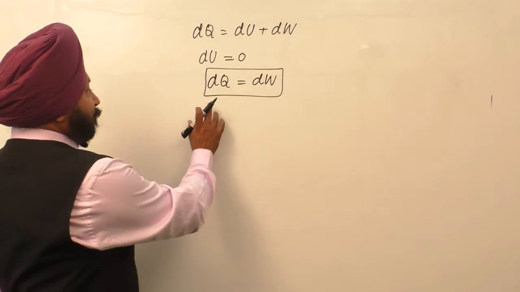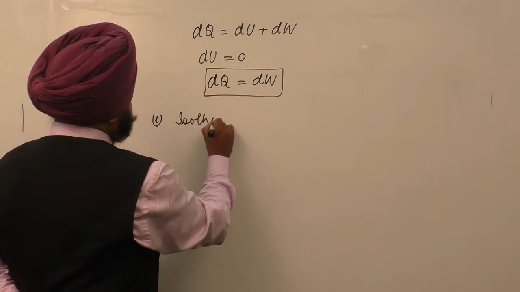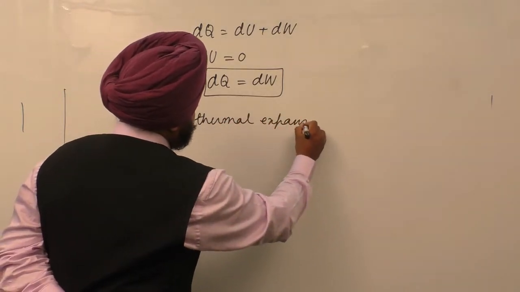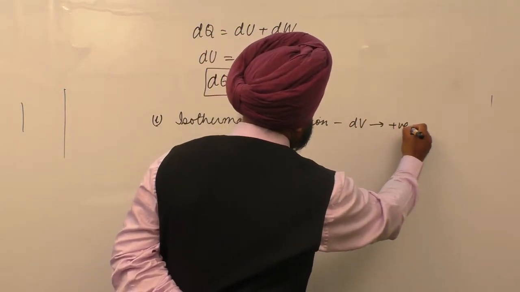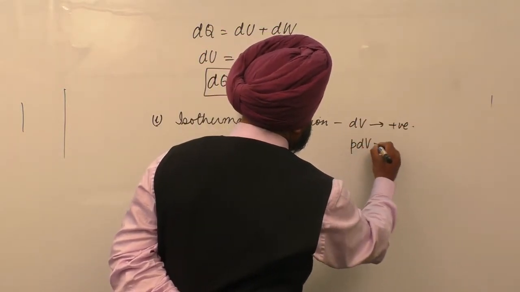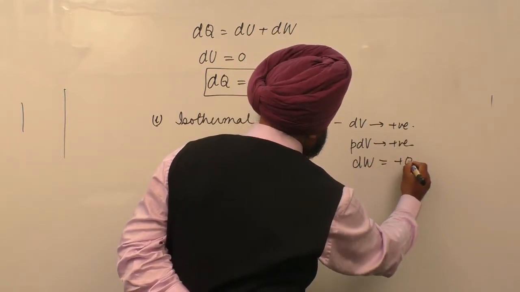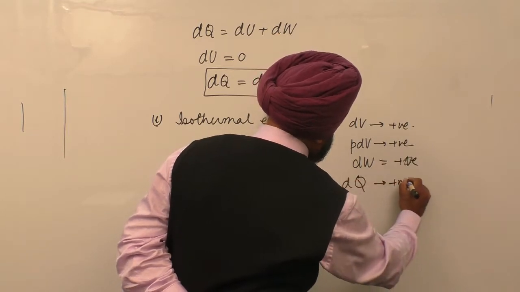Now, if I want isothermal expansion to take place, that means dV is positive, it means P into dV is positive, it means work done is positive, it means that the value of dQ should also be positive.